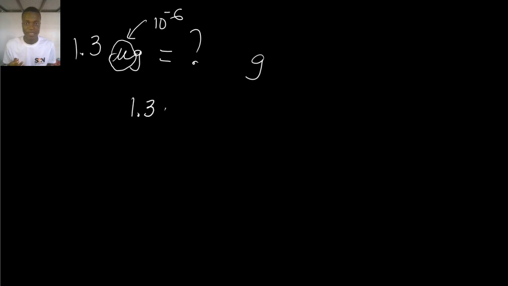So the next one is 1.3 microgram. If we are converting this into a unit such that only the grams will be left, meaning you need to change this prefix into the decimal component. And micro is 10 to the power negative 6. So if you do that, you are going to have 1.3 times 10 to the power negative 6.